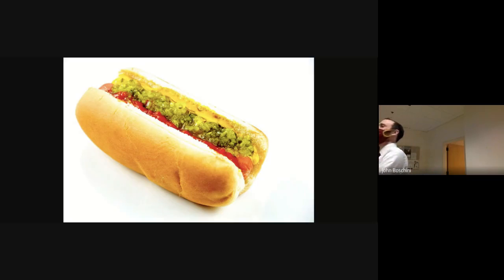A piece of bread that has meat, or whatever. I like that. So does that mean a turkey club is not a sandwich? How many pieces of bread are in a turkey club? 2 pieces. You said 8 pieces of bread.